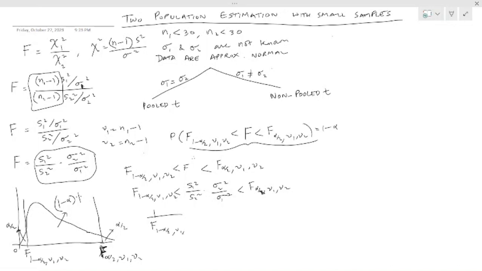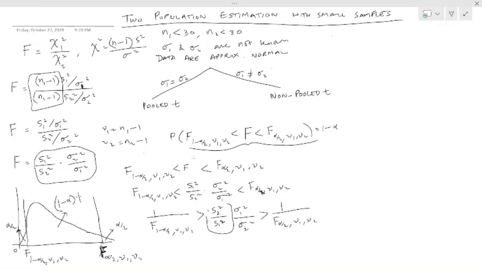This is how we get the lower bound adjusted accordingly, and the inequality signs will also be adjusted. And this ratio will become s2 square is to s1 square accordingly. Now we will move this factor from the center.